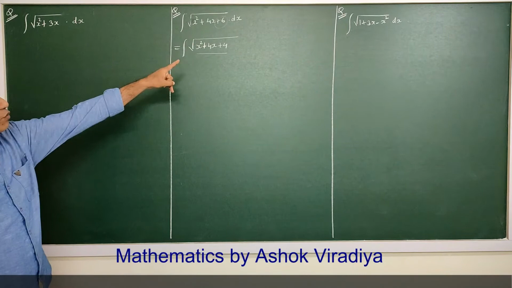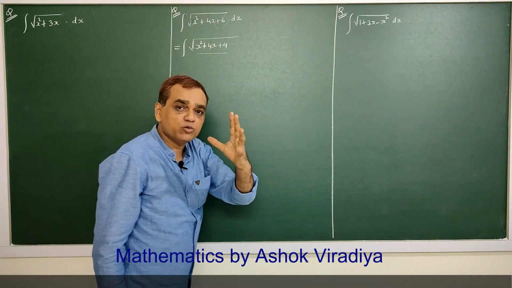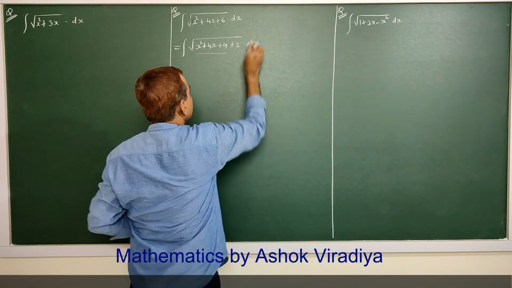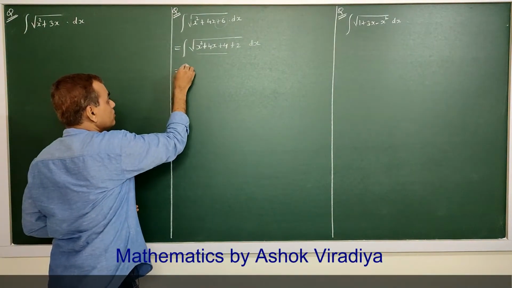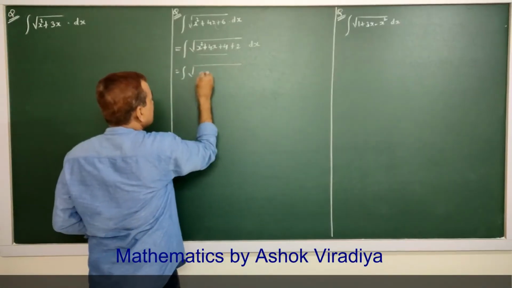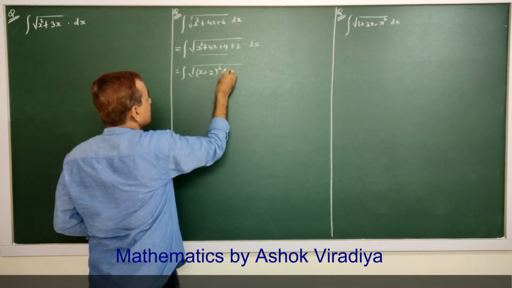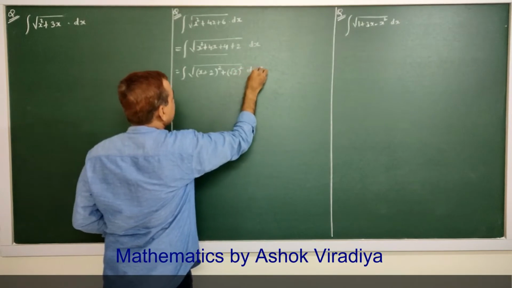Now it becomes a perfect square polynomial. But we are given 6, so we cannot change the value. So put plus 2. So it is equal to square root of x plus 2 whole square plus root 2 square dx.